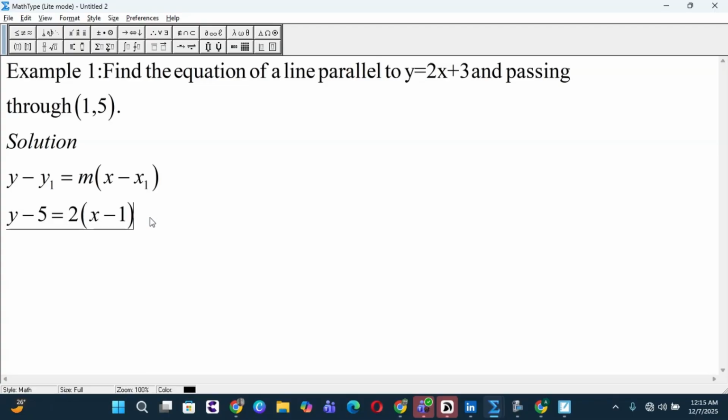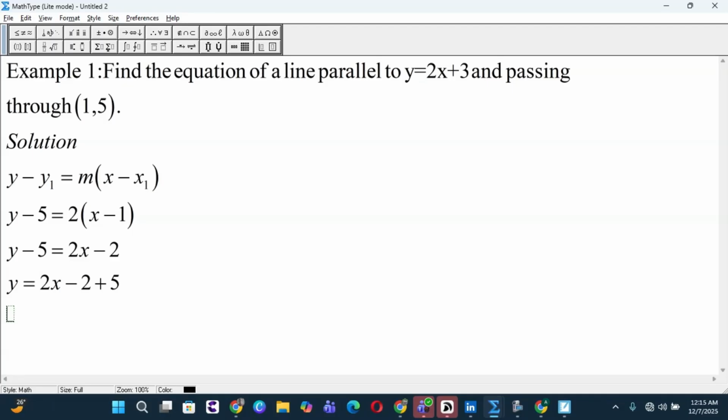So I open up the bracket to give y minus 5 equals, using 2 to multiply what I have inside, 2x minus 2. Finally, if I take minus 5 to the other side, that will give me 2x minus 2 plus 5.